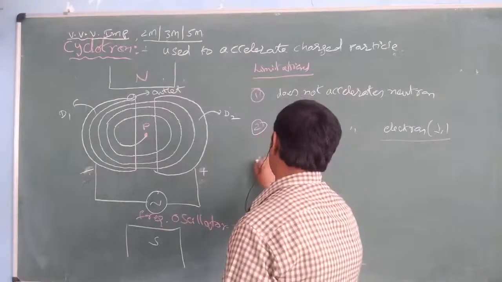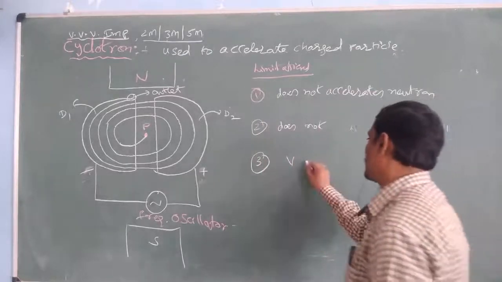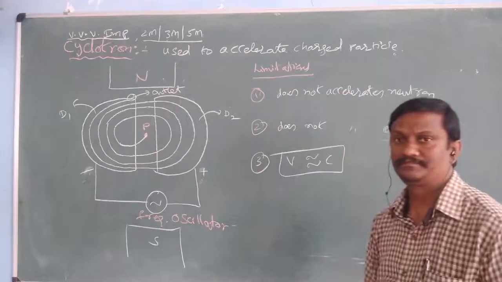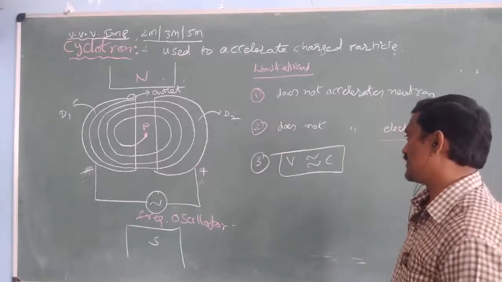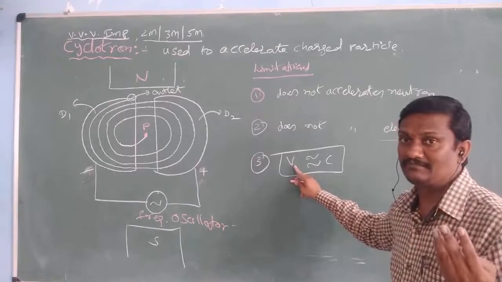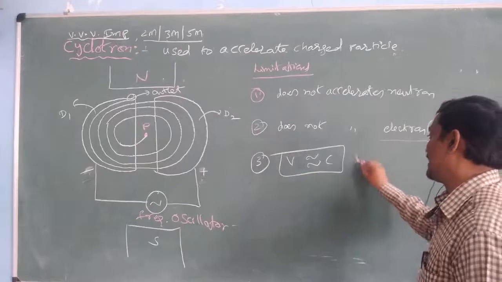One more limitation is this: if the speed of the charged particle is comparable to the speed of light, on the order of 3 into 10 power 8, then those charged particles cannot be accelerated.